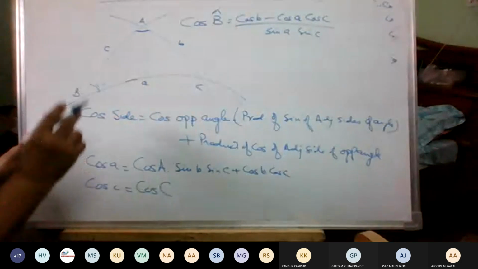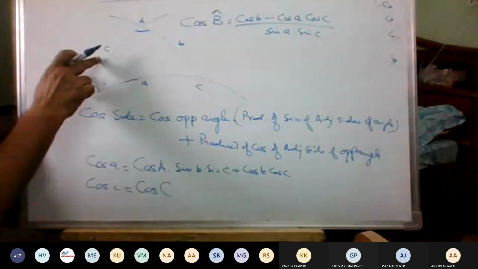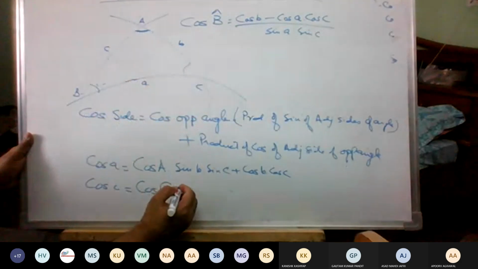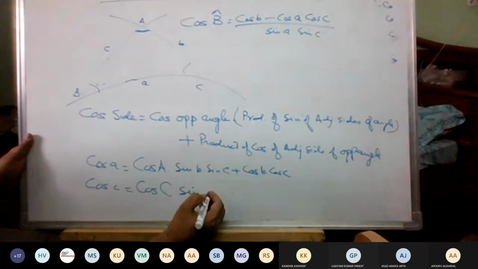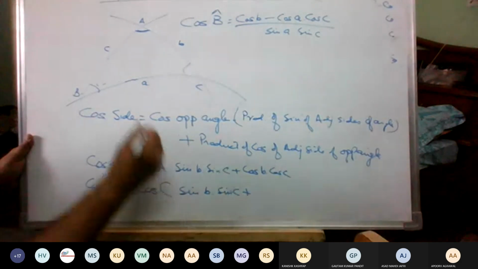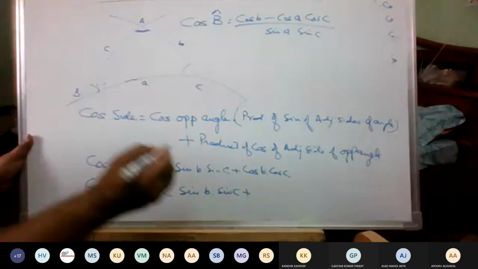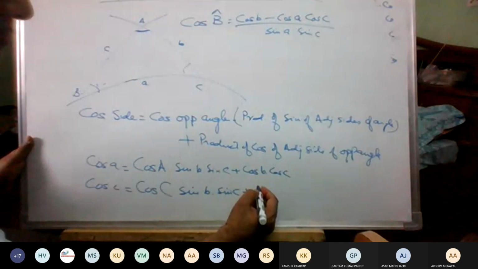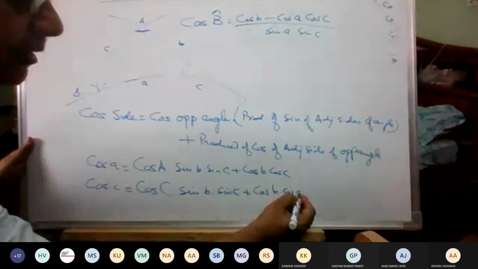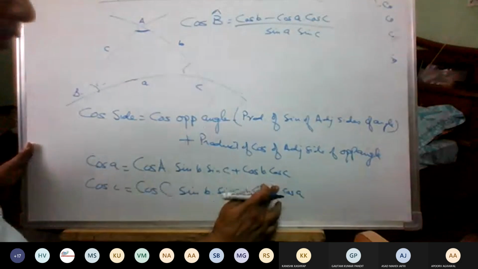B and A. So we write sine of B into sine of A, plus the product of cosine of adjacent sides of that angle, cos of B into cos of A.